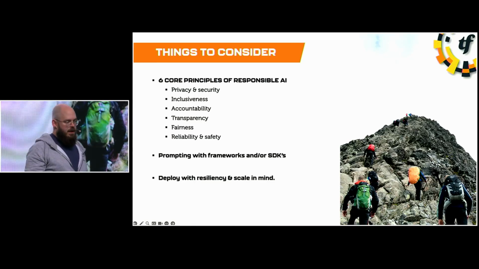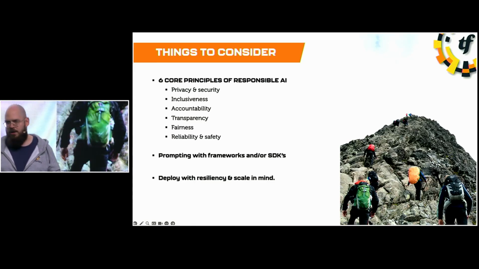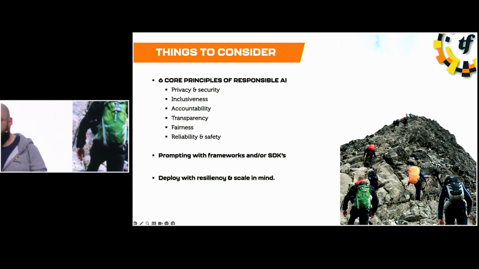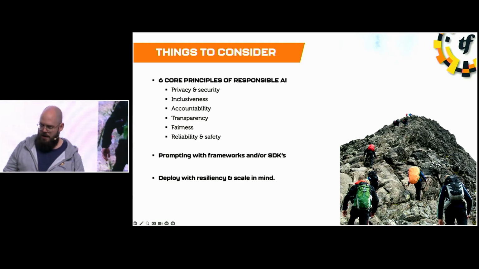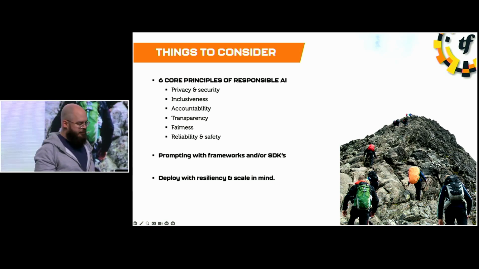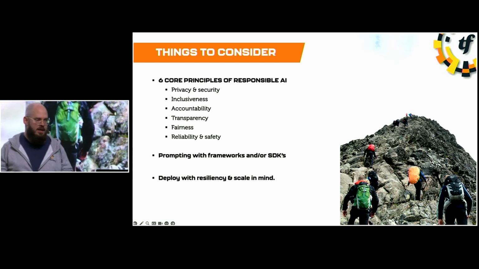But I now speak with lots of customers who say, we want to do something with this AI in our applications. And they just want to get started, without thinking about all the consequences. So we take a step back and we say, okay, let's talk about the six core principles that have to do with AI. We have to think about privacy and security.